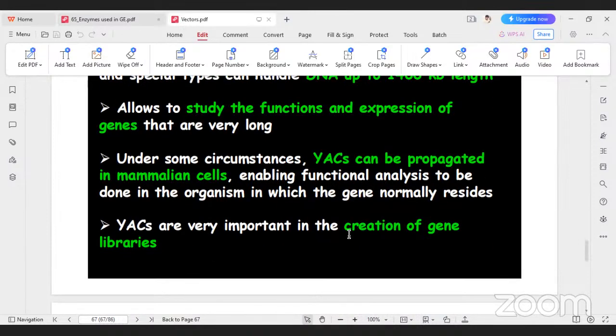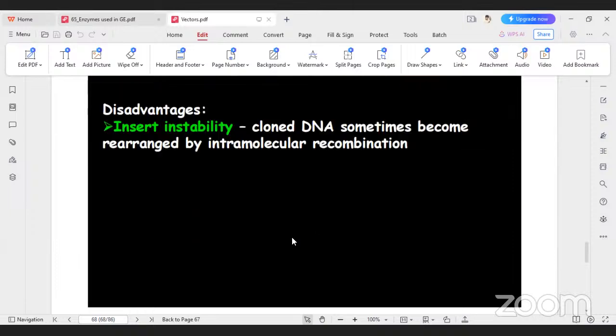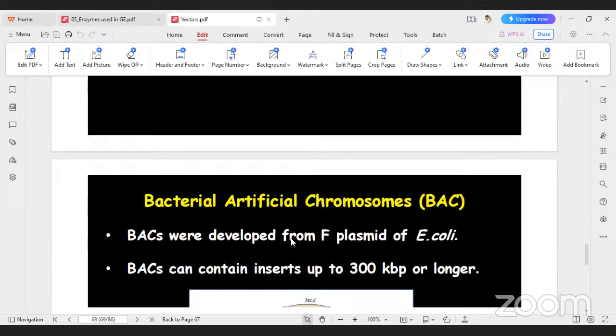It is very important in the creation of gene libraries. The drawback is insert instability: cloned DNA sometimes becomes rearranged by intramolecular recombination, and then they cannot insert other desired genes.